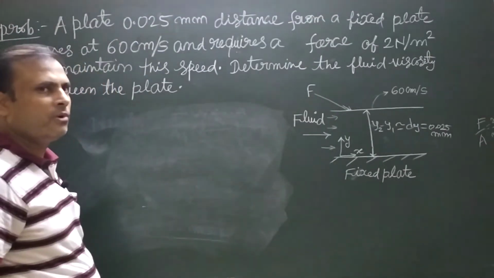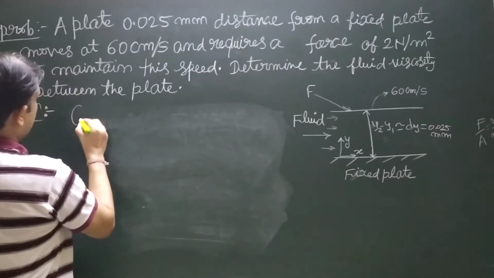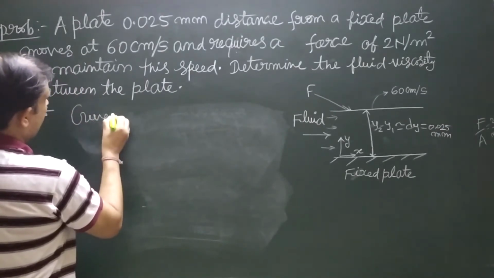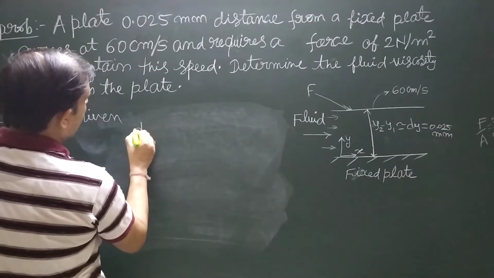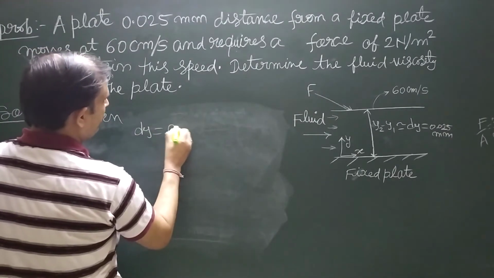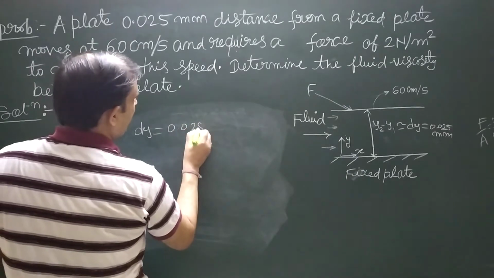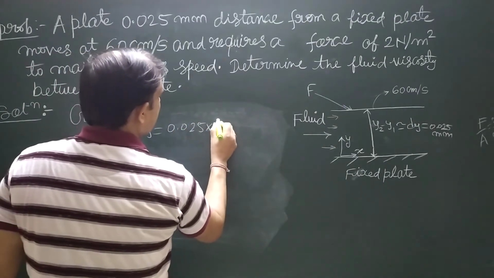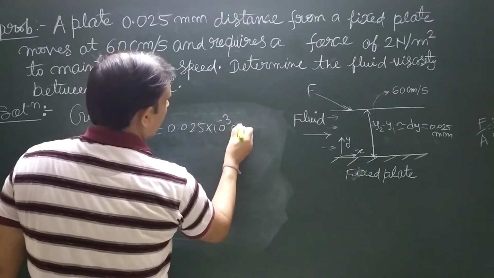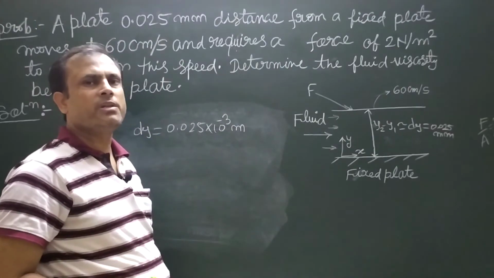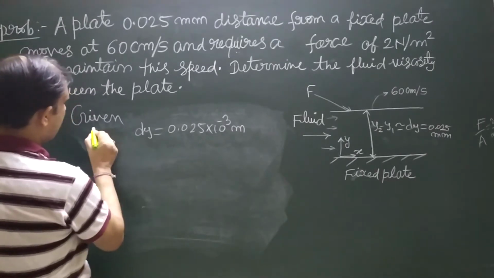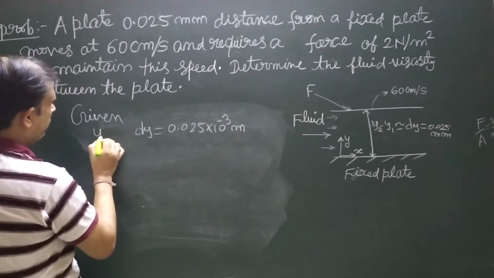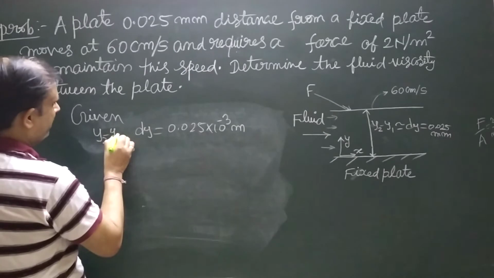So what is given: dy equals 0.025 into 10 to the power minus 3 meter. We have converted millimeter into meter. This is like y2 minus y1.